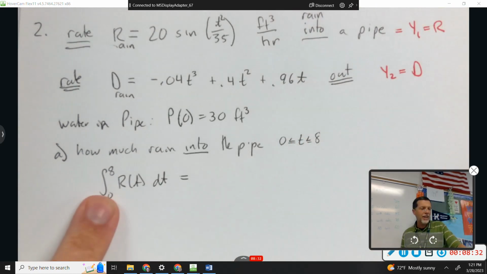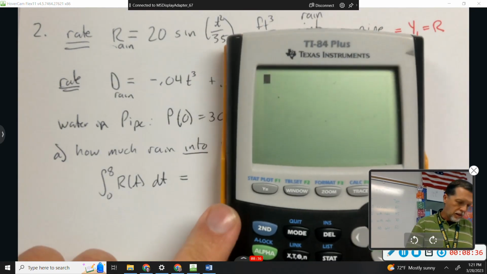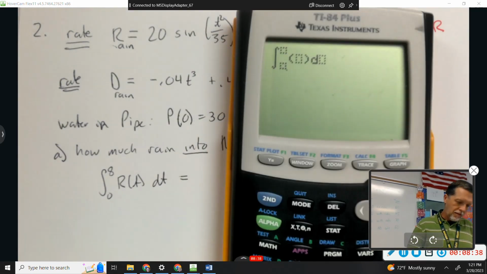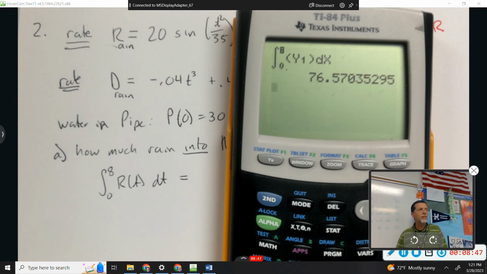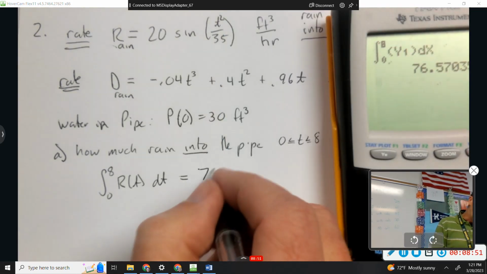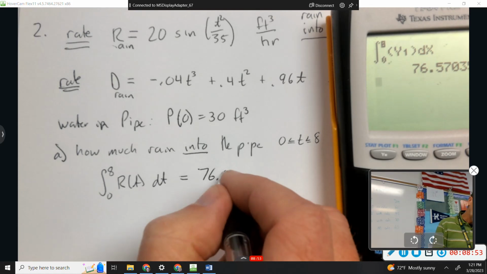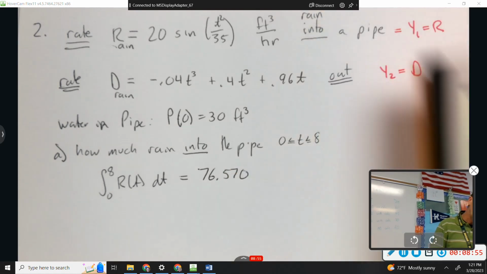If I realize that I can integrate the rate to get the amount, then math 9, 0 to 8, Y1 dx, and let's let the calculator do its thing. Always 3 decimals, 76.570.